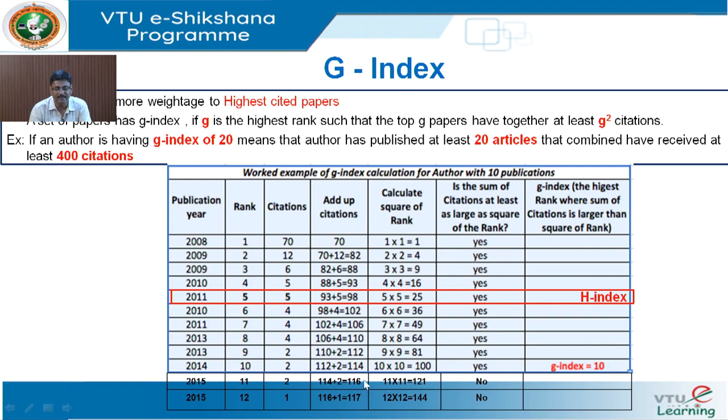Once it becomes 121, his G index will jump to 11, whereas for his H index to become 6, this has to be 6, this has to be 6, this has to be 6. So these are the various means to calculate the productivity of an author and to normalize.